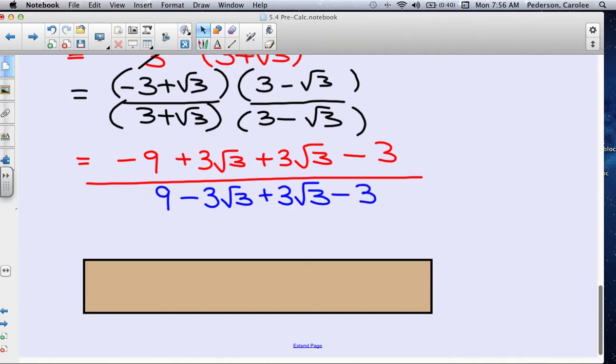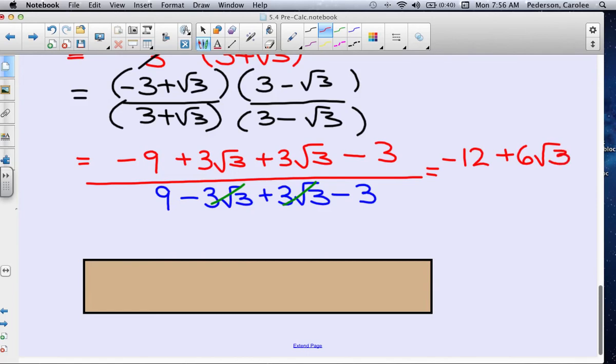Now let's combine some like terms. In the denominator, those negative 3 square roots of 3 and 3 square roots of 3 cancel out. Then -9 minus 3 is -12. 3 square roots of 3 plus 3 square roots of 3 is 6 square roots of 3. And then 9 minus 3 in the denominator is 6.